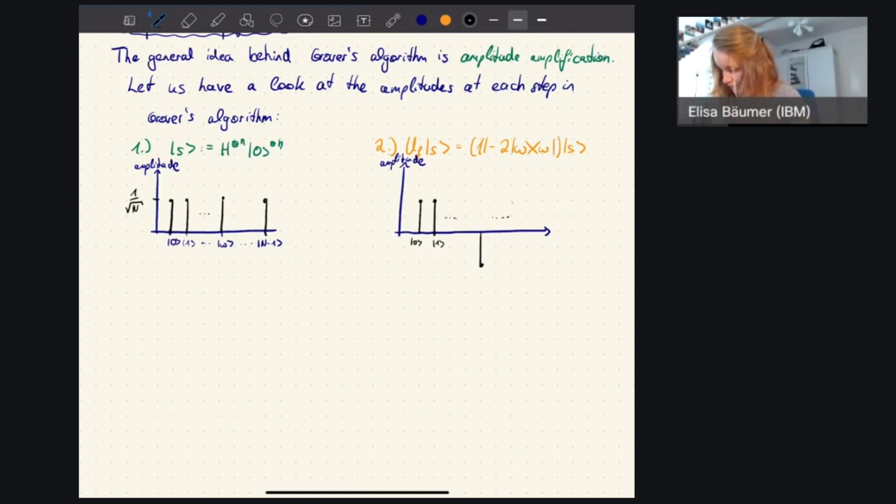And all others are just the same. So this corresponds to flipping the amplitude of W. So as before, the amplitude here is 1 over square root of n. And now for the state W, it's actually minus 1 over square root of n, and here all the way until n-1.